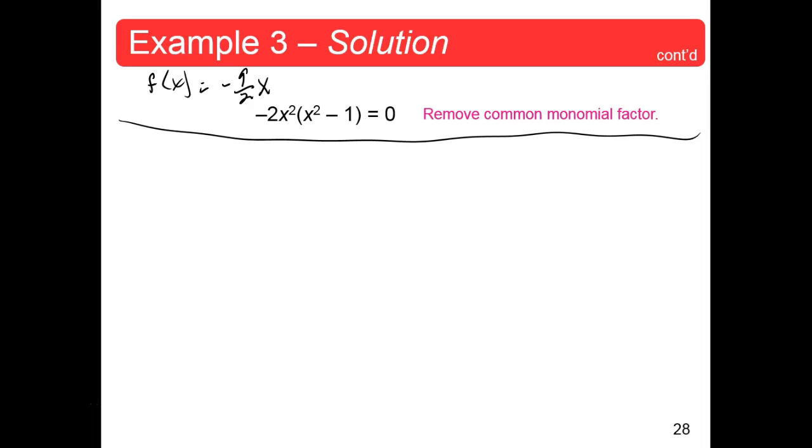Example 5, top of page 129, section 2.2, chapter 2, polynomial functions of higher degree, and here is the one we're to sketch now. f of x is equal to minus 9/2 x plus 6x squared minus 2x cubed.